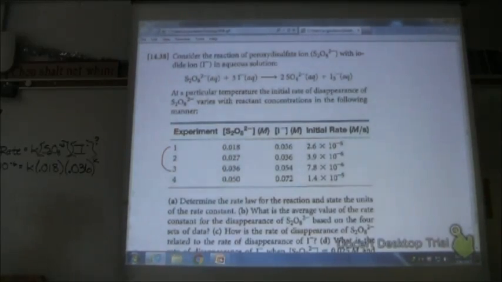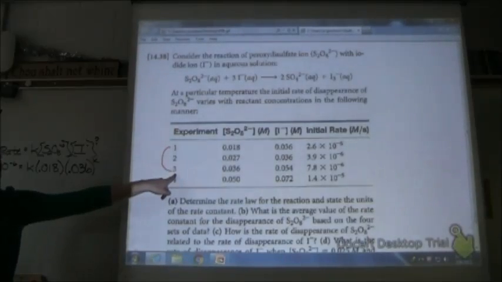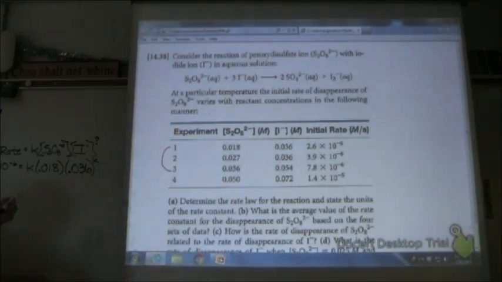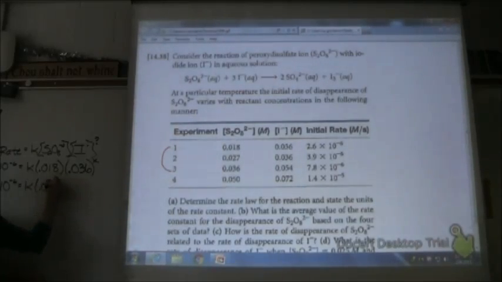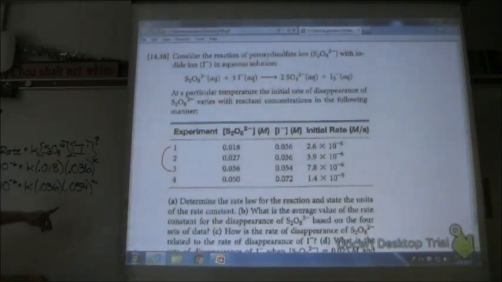Let's fill in the same thing, but this time from line number 3. The rate on line number 3, and it's to the x power again, because I don't know what the exponent is.